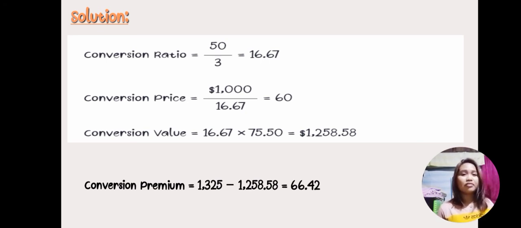And then the conversion value is the conversion ratio 16.67 multiplied by 75.50, which equals 1,258.58. So the conversion premium is equal to 1,325 minus 1,258.58, which equals 66.42. So that is the solution of our problem.